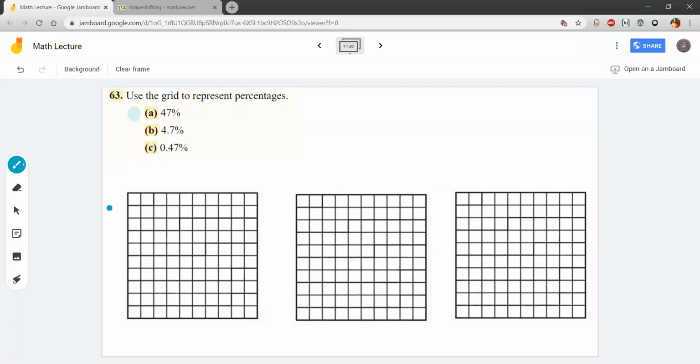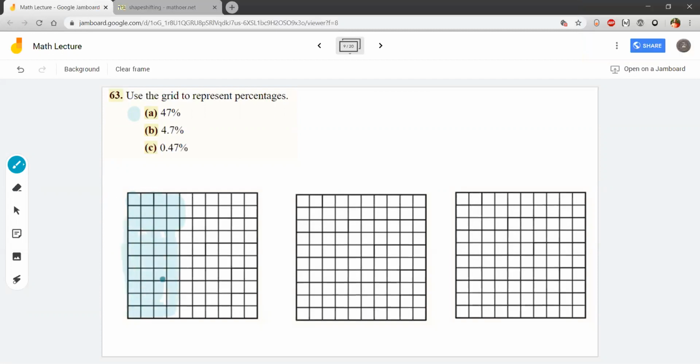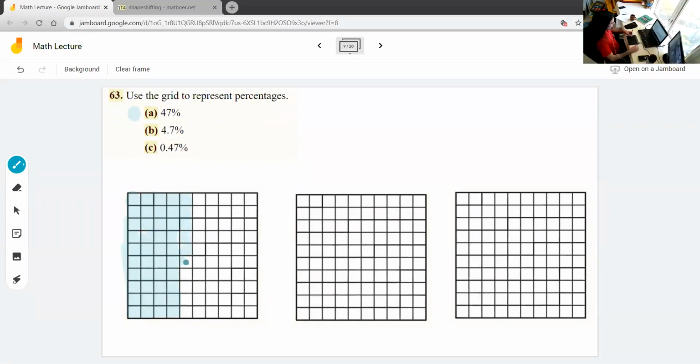Shade in four of them, okay, yeah, 1, 2, 3. By them, I think he means rows or columns. Doesn't matter which you do. Correct. So here's rows: 4, and then 1, 2, 3, 4, 5, 6, 7. So there's 47 out of 100 shaded.